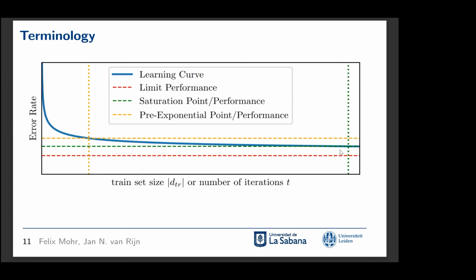That's the point where the performance will increase so marginally that you can even neglect it. That's a user-defined threshold: you define some epsilon. You say from that point on, where performance within a certain range of samples or iterations will only improve by some epsilon, the curve is saturated. You could theoretically still improve, but that's out of range.